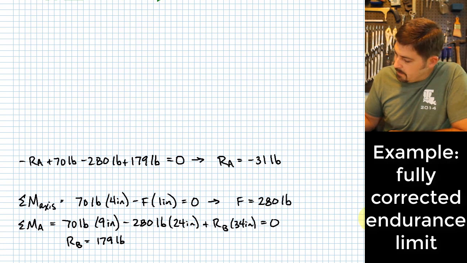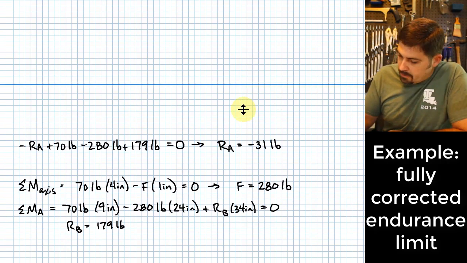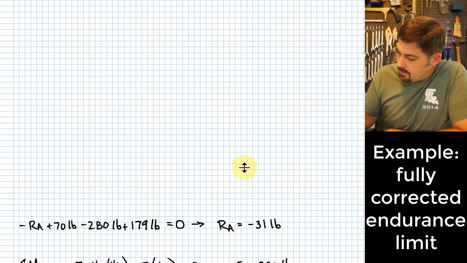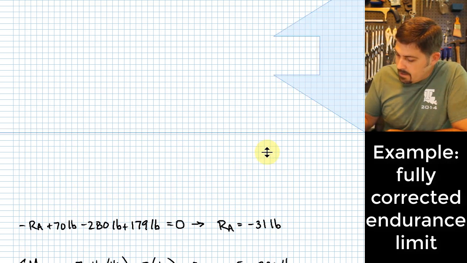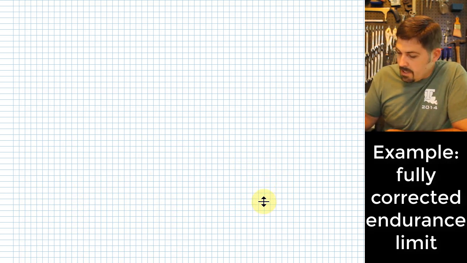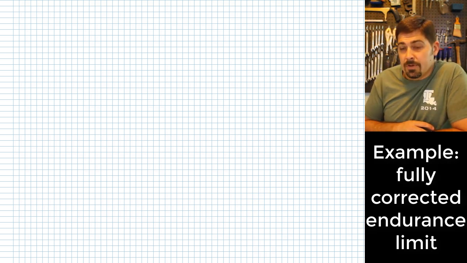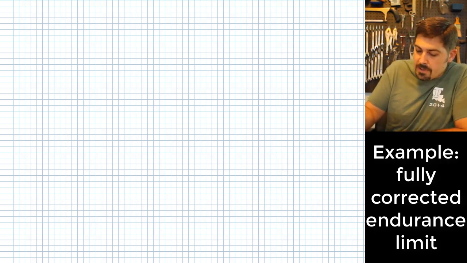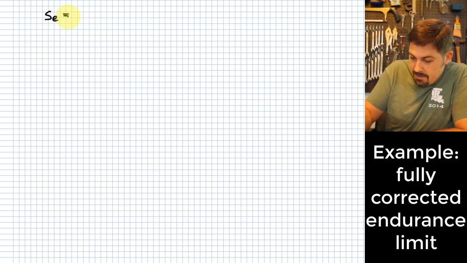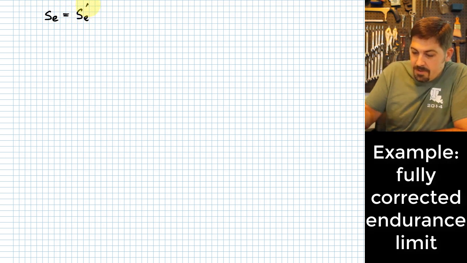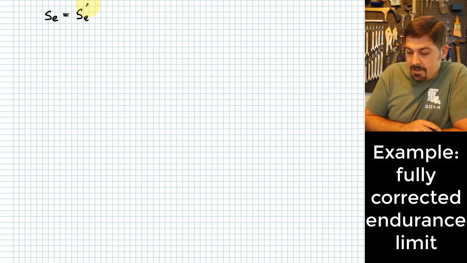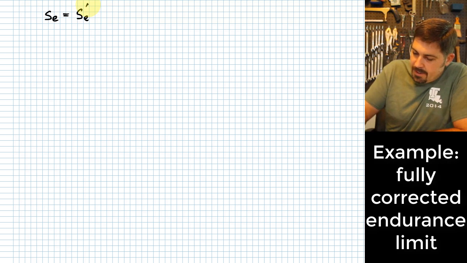All right. So let's see. S sub E, we remember this from chapter 6. Our starting point with our fully corrected endurance limit is the uncorrected one, times a number of constants.